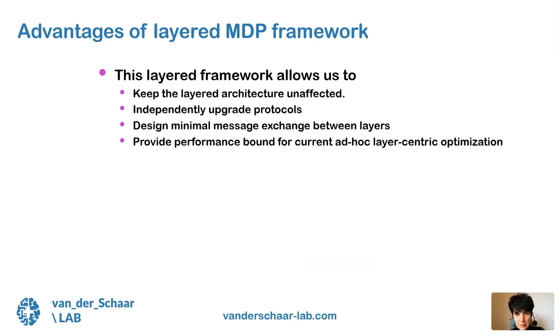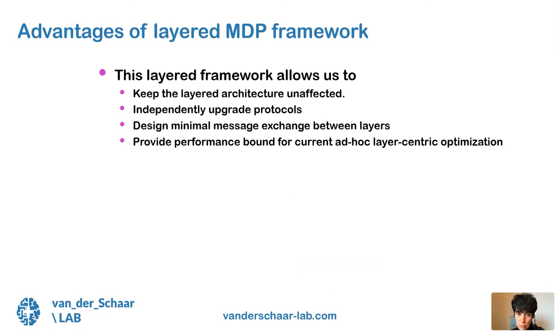And this layered reinforcement learning solution framework enables us to keep the layered architecture unaffected. We can upgrade protocols or change a particular layer without affecting other layers. So if you want to upgrade a particular layer and introduce new actions or improved algorithms, we can do so without changing the dynamic programming and reinforcement learning solution at another layer.